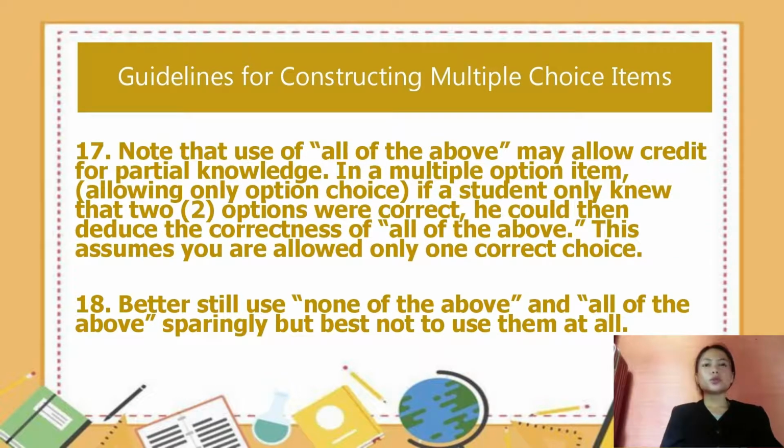Number 17. Note that use of all of the above may allow credit for partial knowledge in a multiple option item, allowing only one option choice. If a student only knew that two options were correct, he could then deduce the correctness of all of the above. This assumes you are allowed only one correct choice. For example, which of the following is not a situation in which respondents are likely to refuse to answer a survey question?